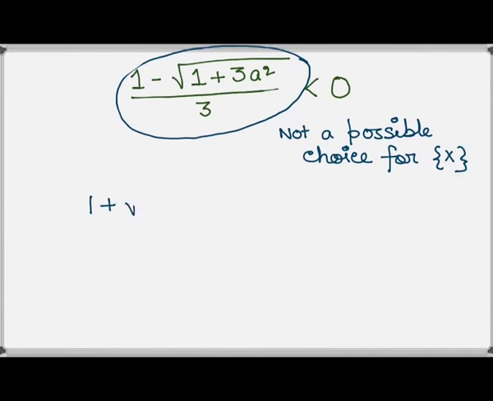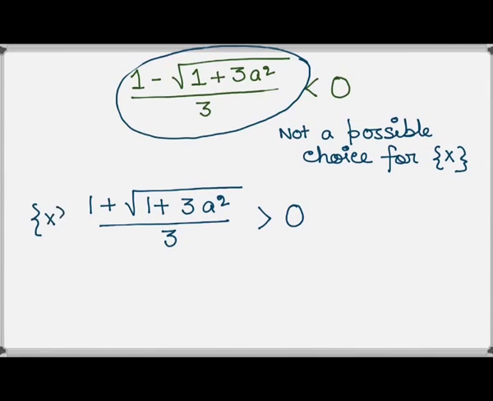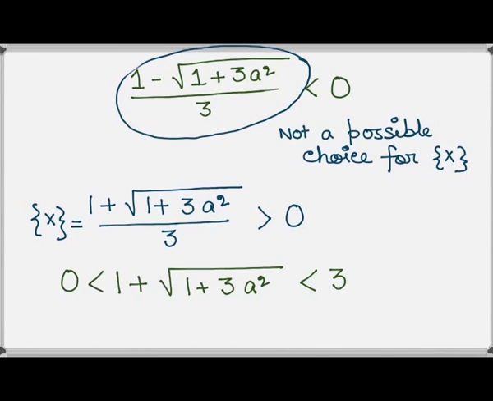We can see that 1 plus square root of 1 plus 3a square, divided by 3, is strictly bigger than 0. So therefore if the fractional part of x is equal to this, then we can write 1 plus square root of 1 plus 3a square is strictly less than 3, and we know this is also strictly bigger than 0.